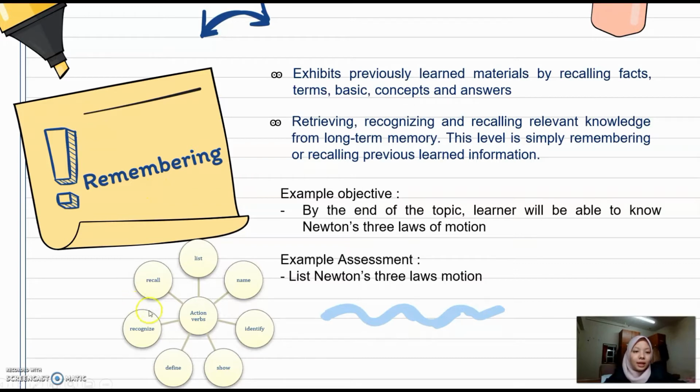In the bubble map here, the action verbs included in the remembering level are list, name, identify, show, define, recognize, and recall.